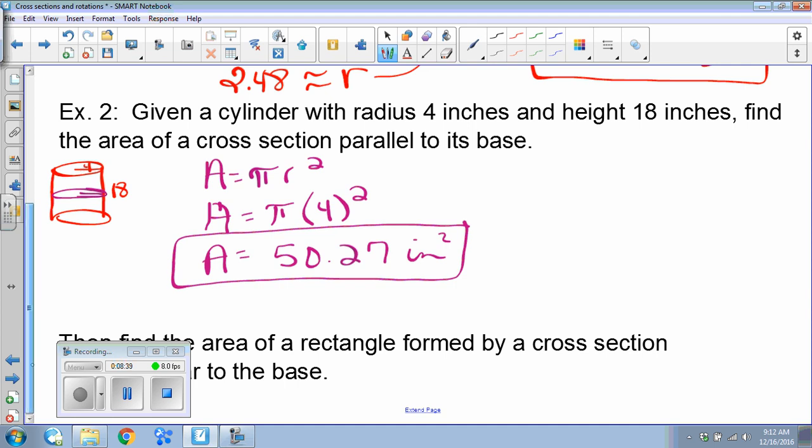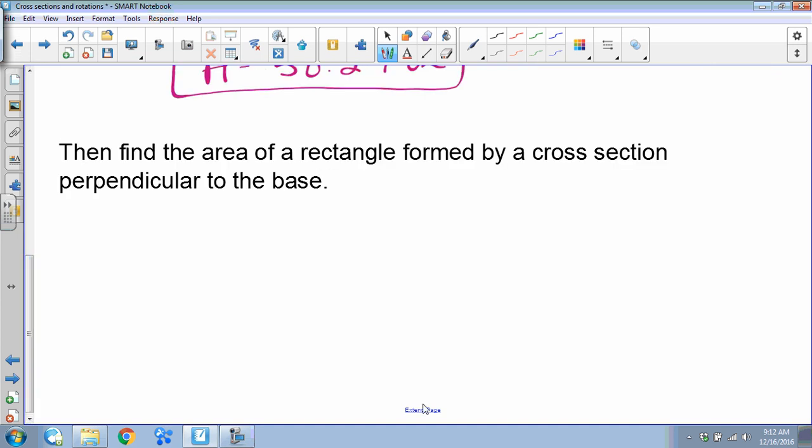Next it says, then find the area of the rectangle formed by a cross-section perpendicular to the base. That's why they gave us 18, because we're using the same cylinder. And so our same cylinder, the height was 18, the radius is 4. They're nice enough to tell you that the cross-section perpendicular to it forms a rectangle.